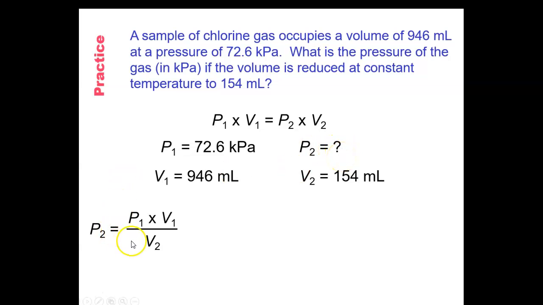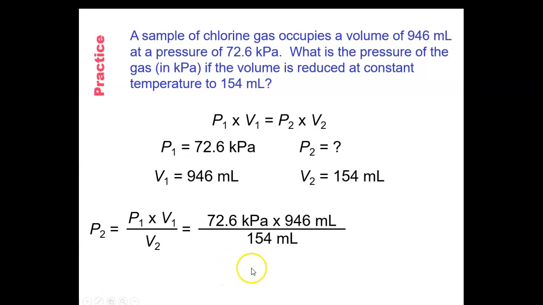Well, you're going to have to divide both sides by V2, and you get this expression. Then you can plug in your numbers and units, and don't forget the units, and do your arithmetic. Milliliters over milliliters is 1, and the answer is 446 kPa. That makes sense because the volume is much lower than it was to start, and therefore the pressure should be that many times larger.